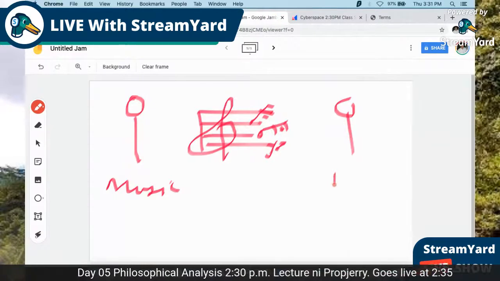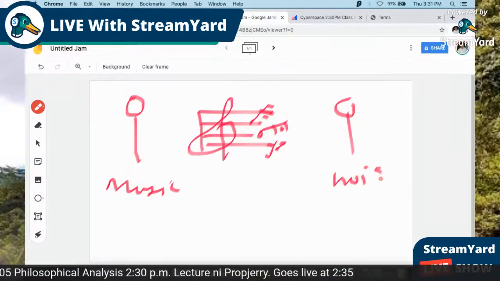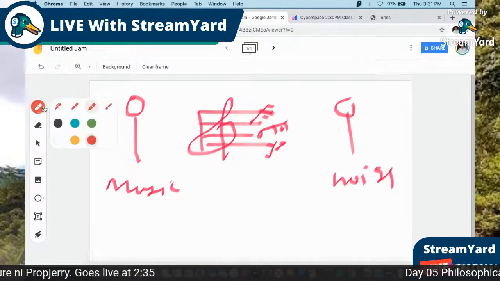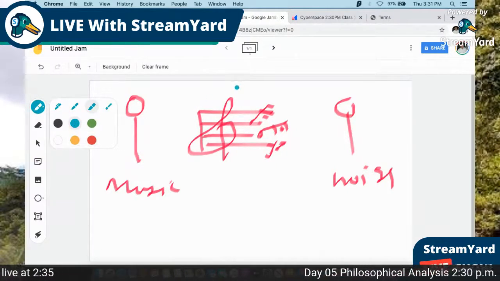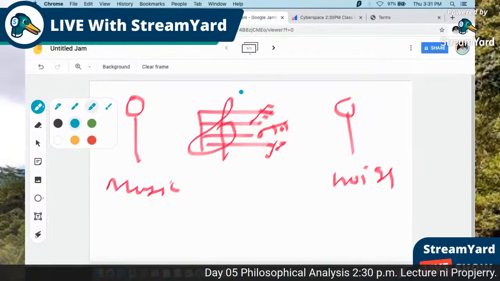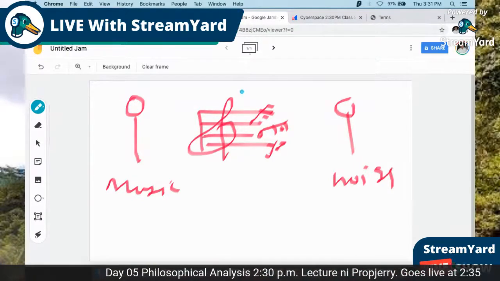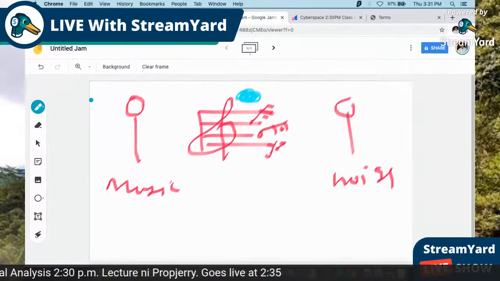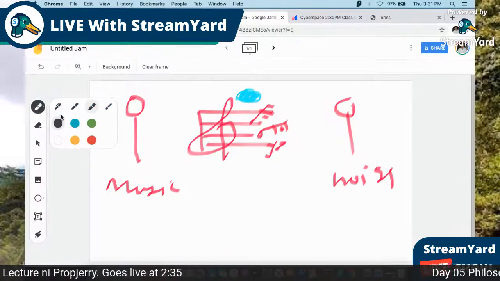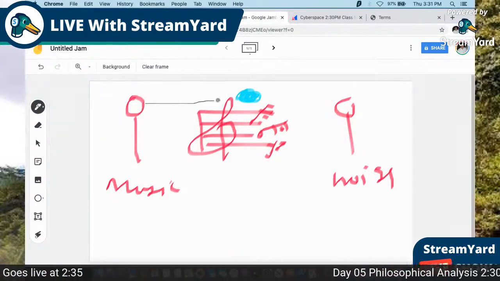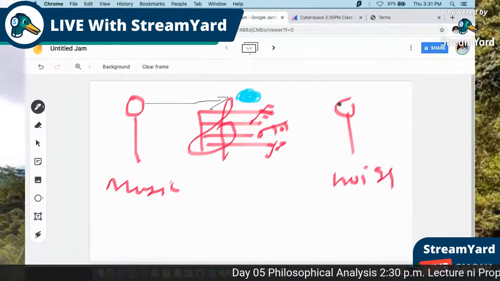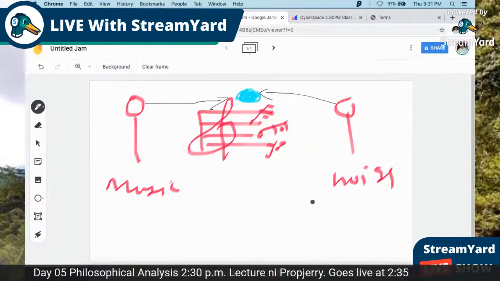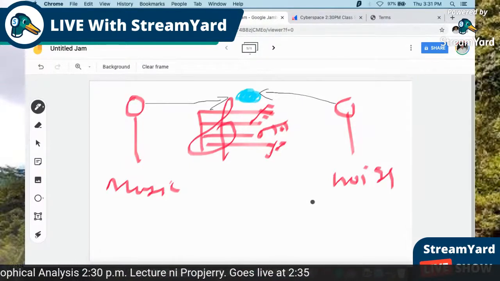For another, what he hears is noise. Or another way of putting it, supposing the two individuals are looking at the same patch of color, in this case blue. We now ask the question, are they seeing the same thing?